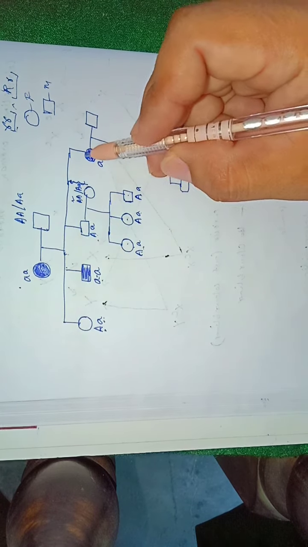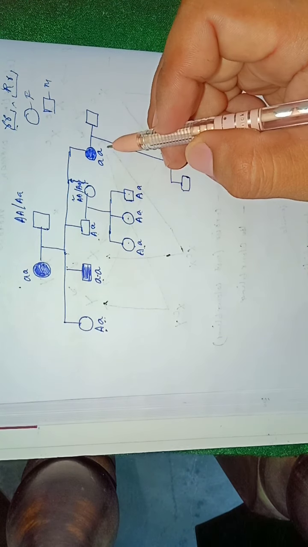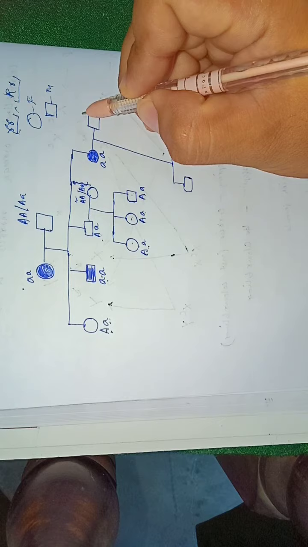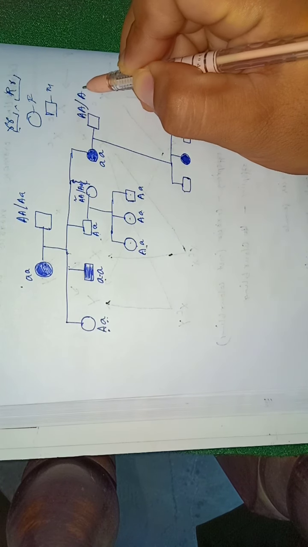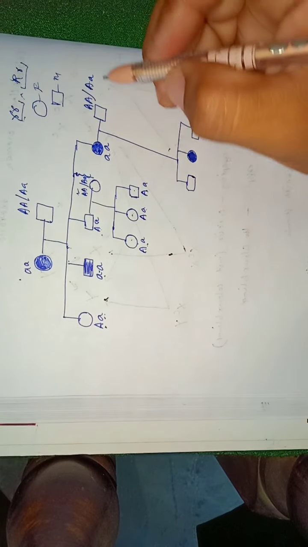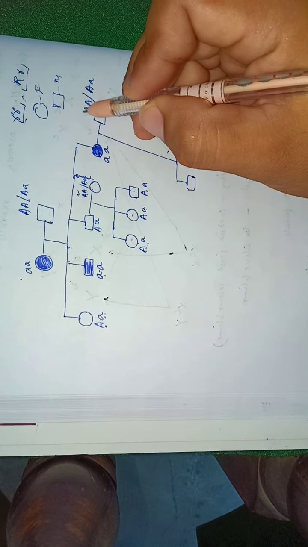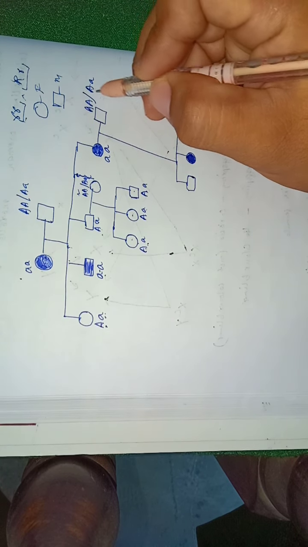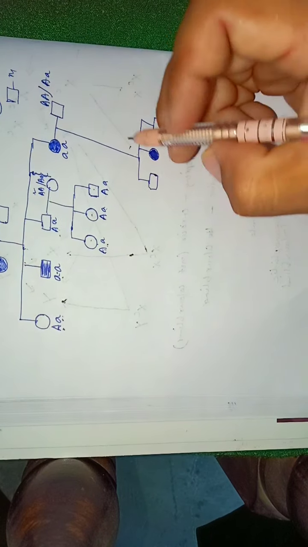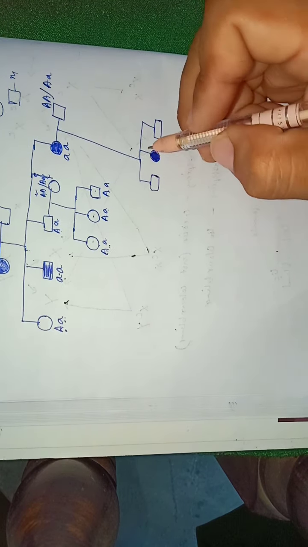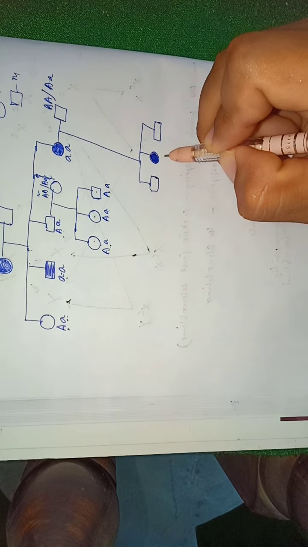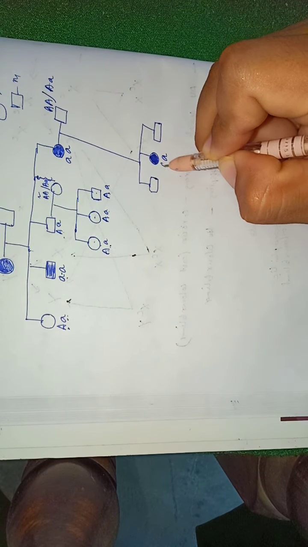This mother is also AA. So in this case there are two possibilities: the male will be either homozygous dominant or heterozygous. One child is getting infected by the disorder called sickle cell anemia. So one gene from the mother, one gene from the father.